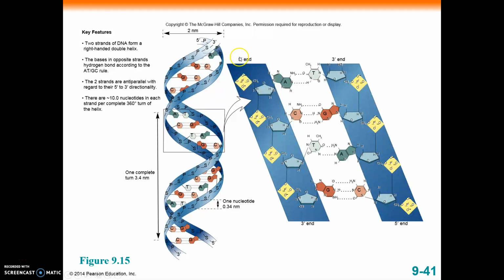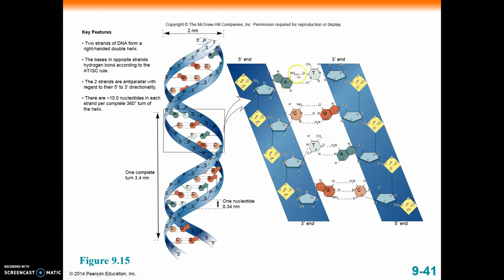Here's a little closer look, much higher resolution, of how that interaction works. So again, here we have 5' to 3'. So phosphate, carbon 5, carbon 3, phosphate, carbon 5, carbon 3, phosphate. And down here we have 5' to 3', so phosphate 5, 3, phosphate 5, 3, and so forth. So it's anti-parallel.